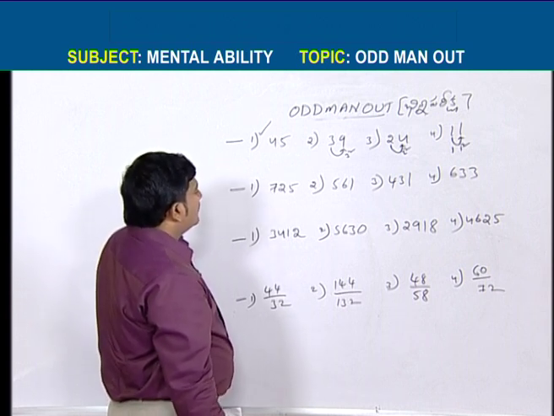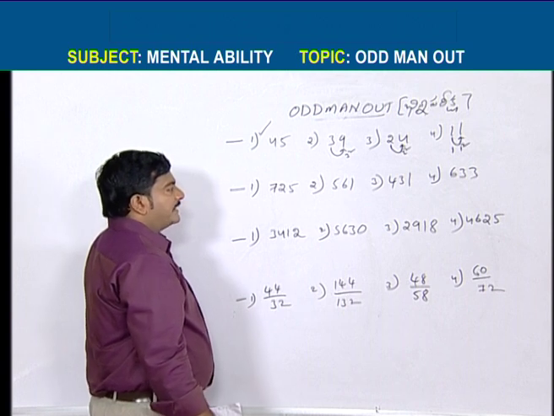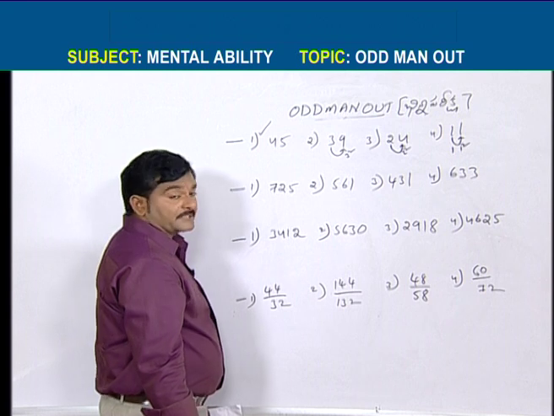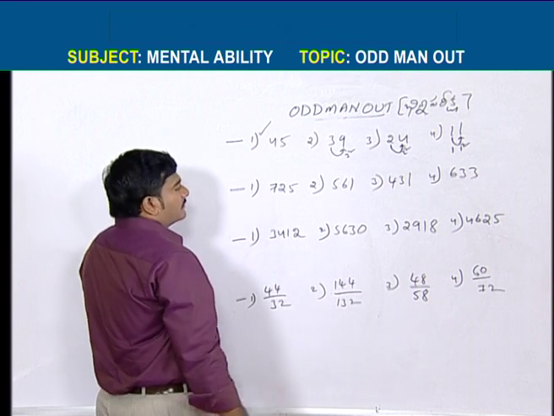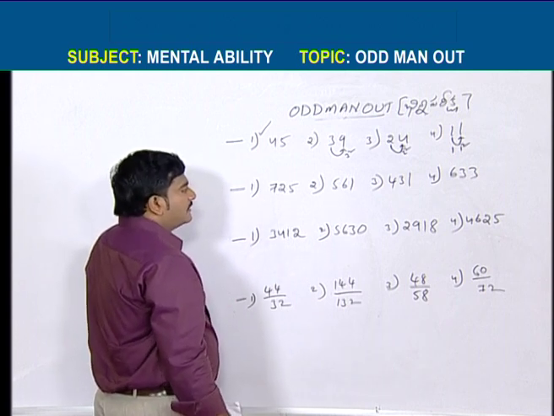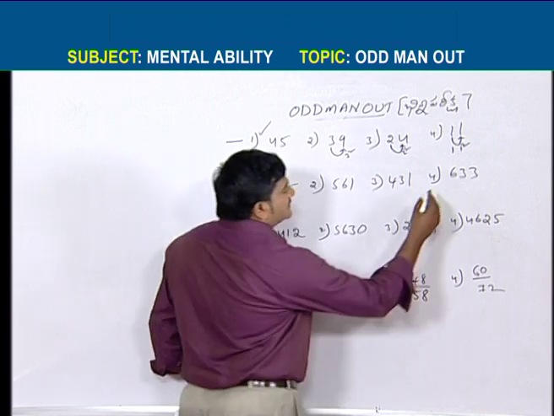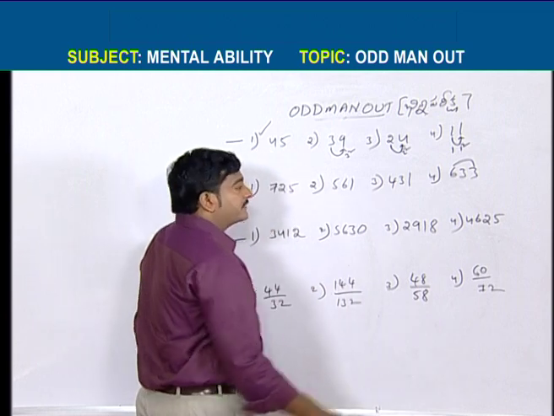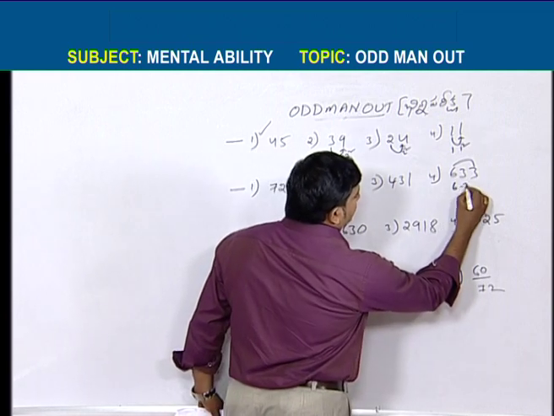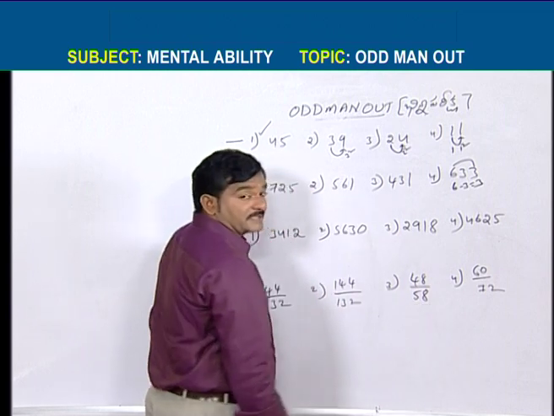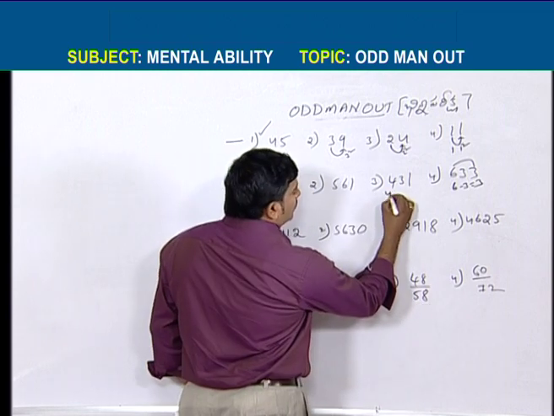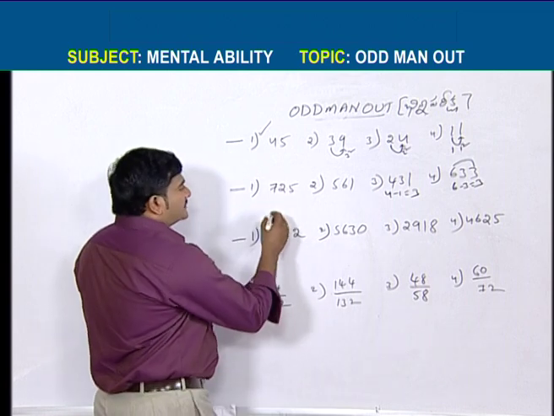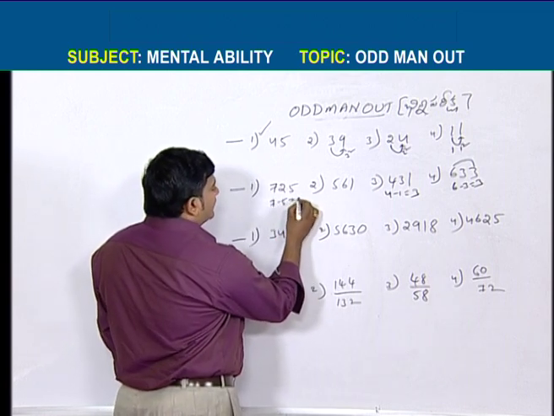Observe this question: 725, 561, 431, 633. The concept involved is to find the 6 and the 3 in the fourth option. 6 minus 3, the difference, how much am I getting? 3. 4 minus 1, how much? 3. In the first one, 7 minus 5, I am getting 2.